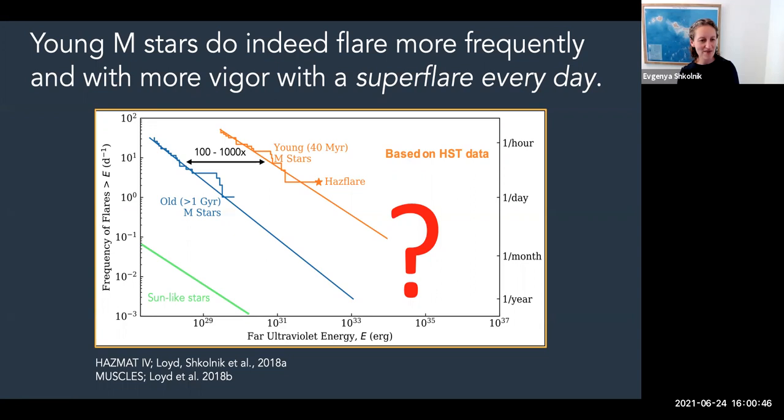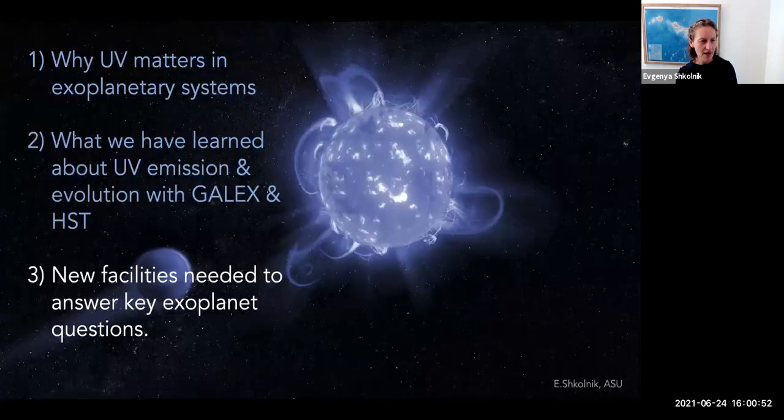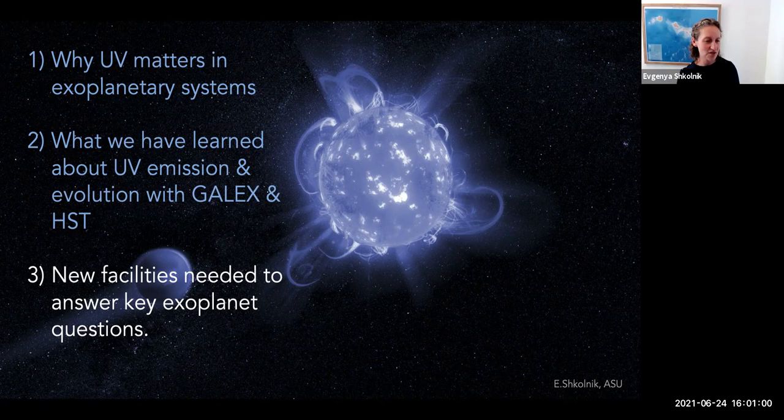So we're not even getting close to the statistics of the once per month flare energies. And so I did tell you about why UV matters, and hopefully you're convinced, and what we've managed to learn with existing instruments and data, but we don't have a way yet to get these very energetic but more rare flares.